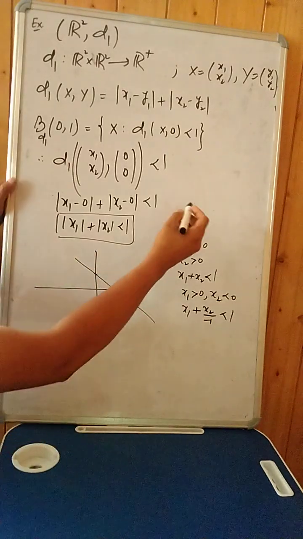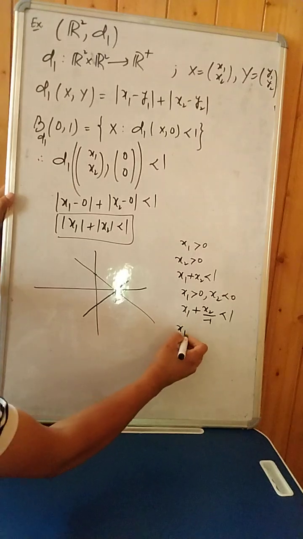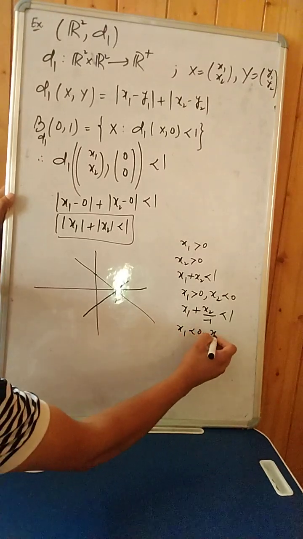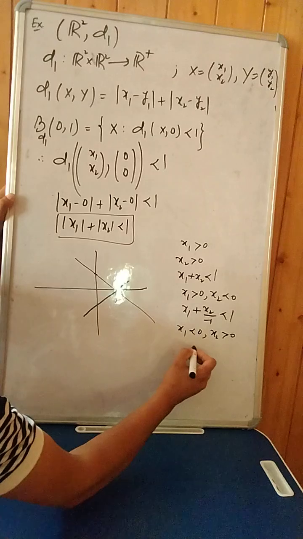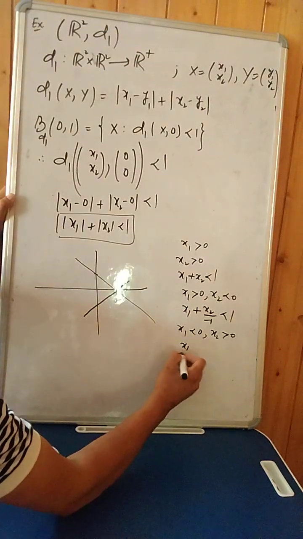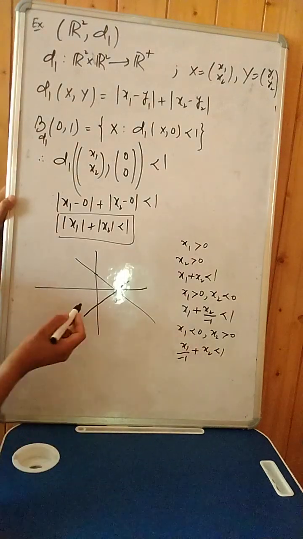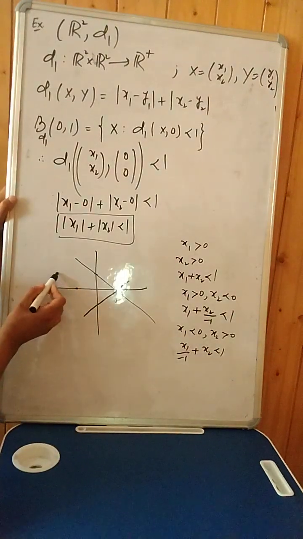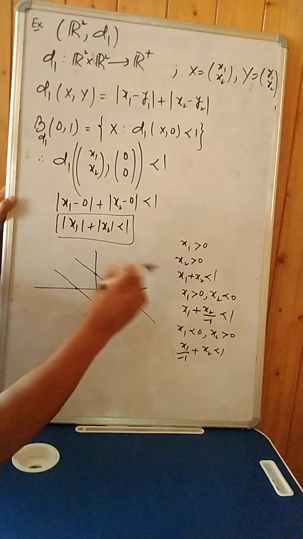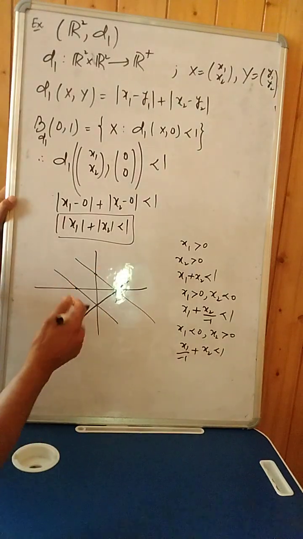And if x1 is negative and x2 is positive, then we will get minus x1 plus x2, which is less than 1, and it represents a region above this line.